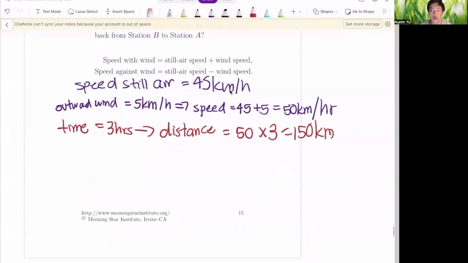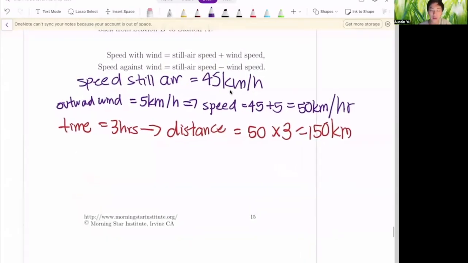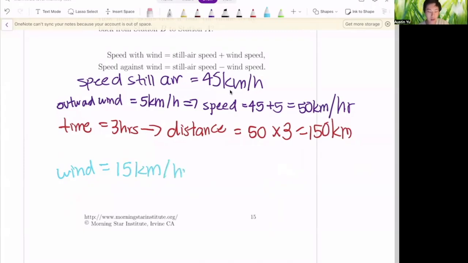And the return trip this time is going to be against air resistance, which means that the wind, as stated in the problem, is going to be 15 kilometers an hour. And this will lead you to the speed, which is going to be 45, the speed in still air, minus 15, which is going to be 30 kilometers an hour.